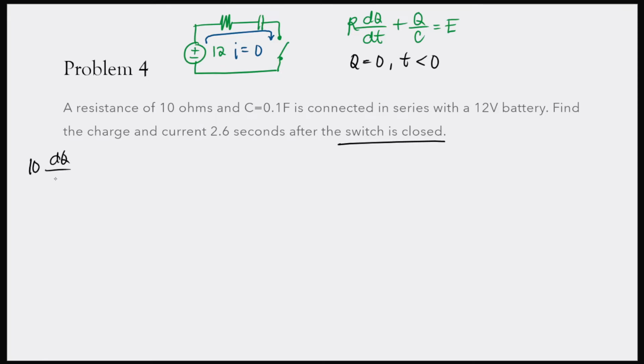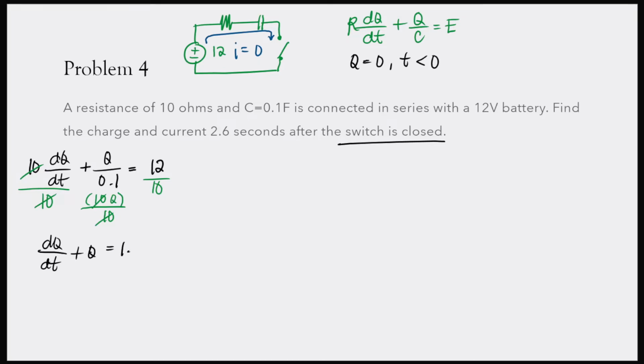So 10 dq over dt plus q over 0.1 is equal to what is our voltage, 12 volts. 1 over 0.1 is equal to 10, so we have 10q. Divide both sides by 10, so we'll have dq over dt plus q is equal to 1.2.